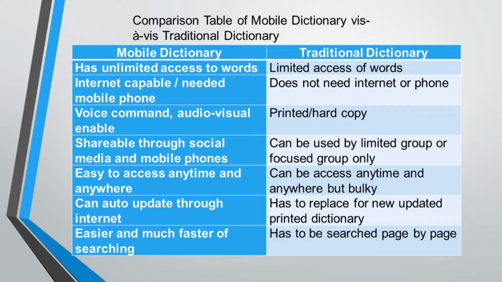So, table number 6 presents the comparison of mobile dictionary and traditional dictionary through the lens of grade 9 students. So, this head-to-head comparison answers why students use mobile dictionary despite the presence of traditional dictionary and how the two differ from each other.